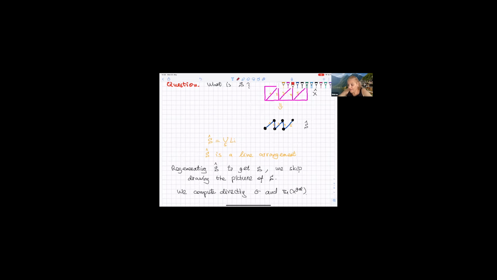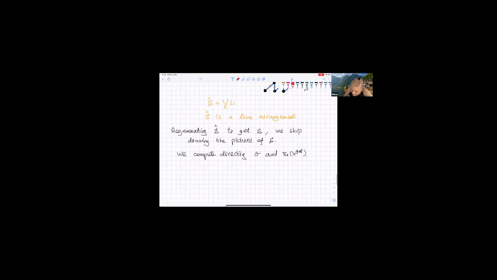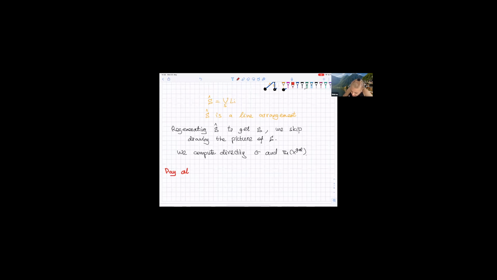The important thing that I can get from all this process is that we pay attention that after regenerating and getting S, the curve S is cuspidal with nodes and branch points. This is the most important for us to know when we regenerate.